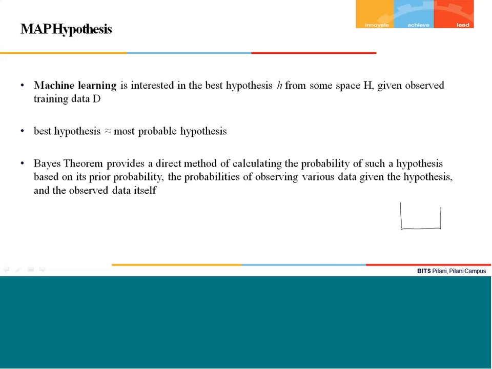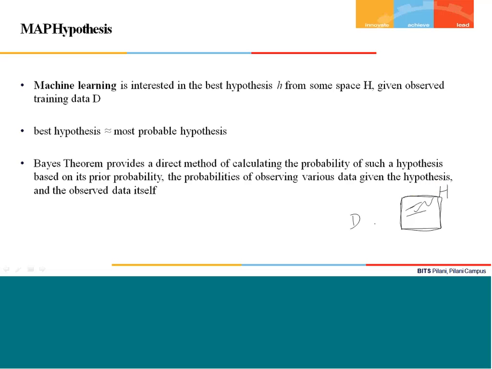I could have a space where a lot of functions or hypotheses are available, and I want to choose a function from this space. This space is capital H. I want to choose the best probable function that describes my data, right?